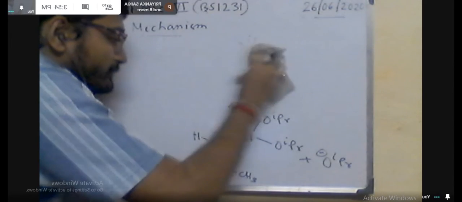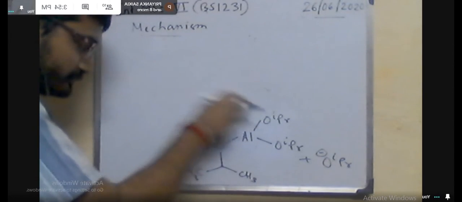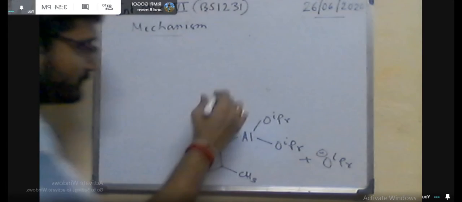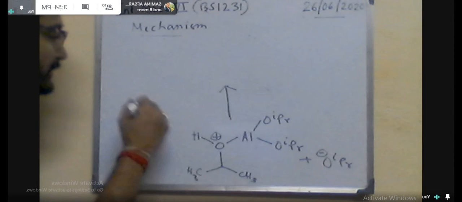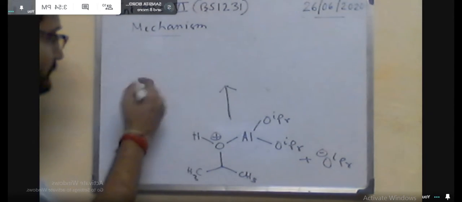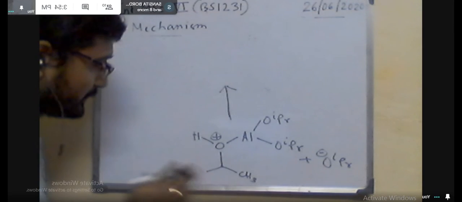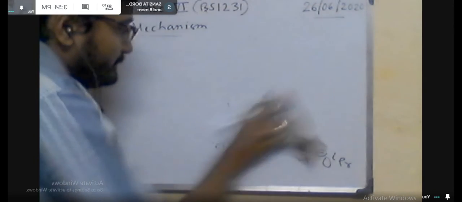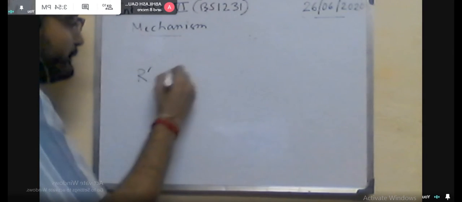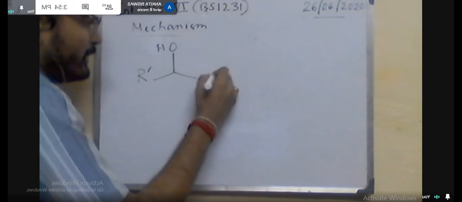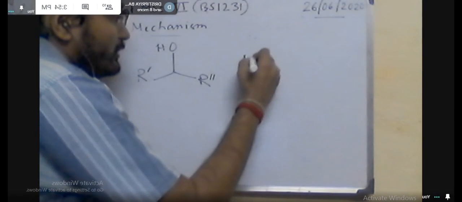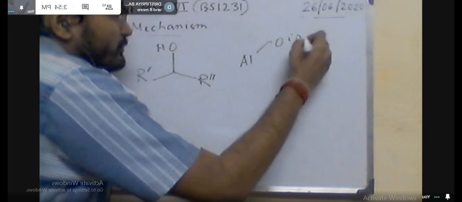Now after formation of this intermediate, in the reaction mixture the acetone is used. Okay, in this case I have written one wrong reagent while showing the reaction, that means 2 degree alcohol in presence of aluminium isopropoxide plus acetone and heat, not isopropanol, acetone instead of isopropanol.